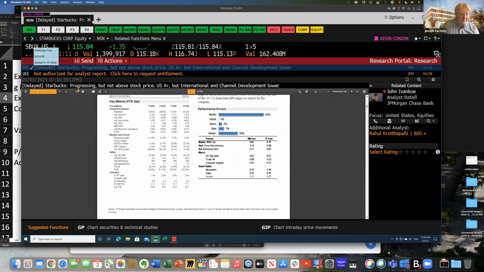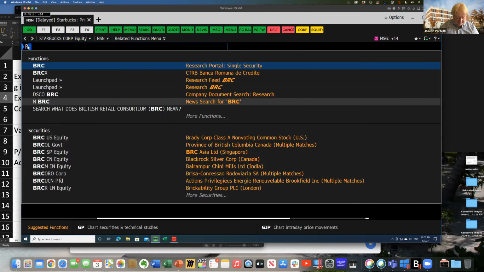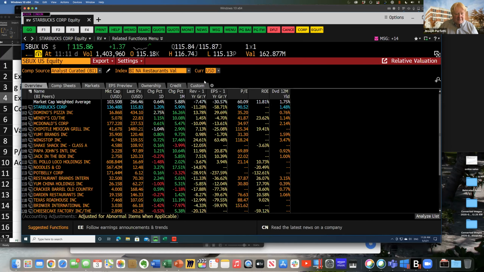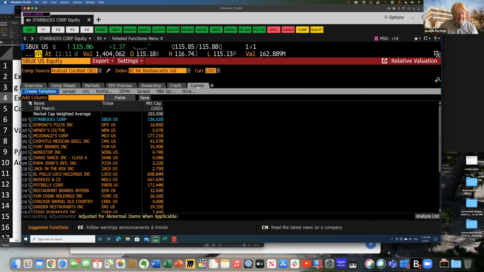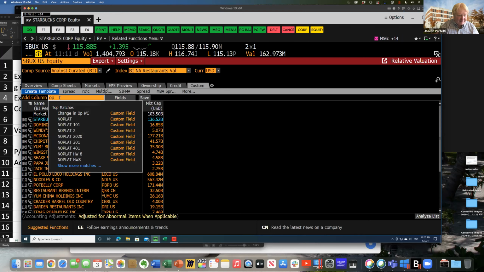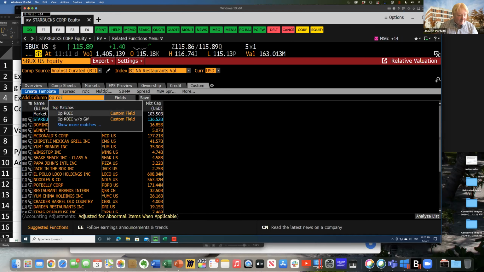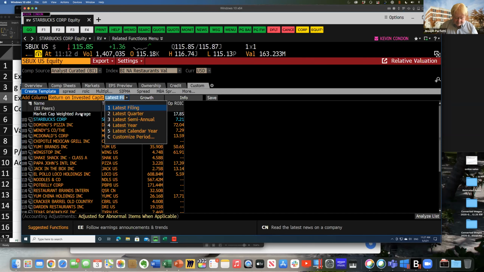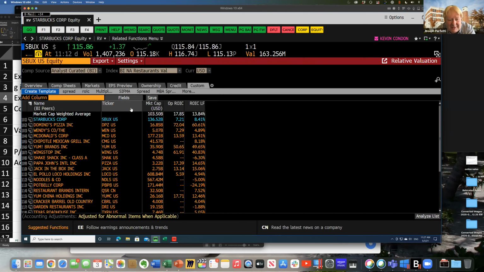Because when we go to our RV, custom operating ROIC, and ROIC, we have to decide whether these numbers are representative of perpetuity as well when we do the enterprise value multiples.